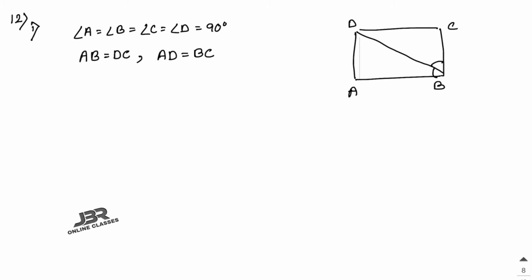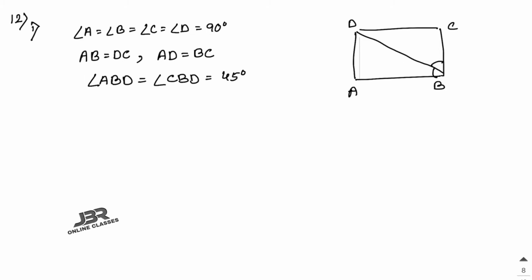Clear? And BD bisects the angle B, so that means angle ABD is equal to angle CBD, and that is equal to 45 degrees, because half of 90 is 45 degrees.